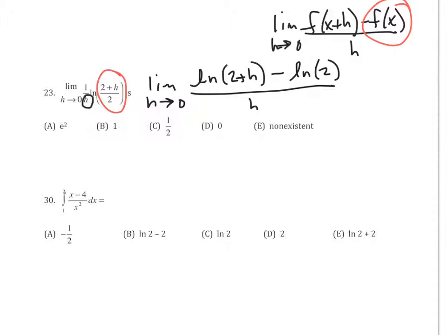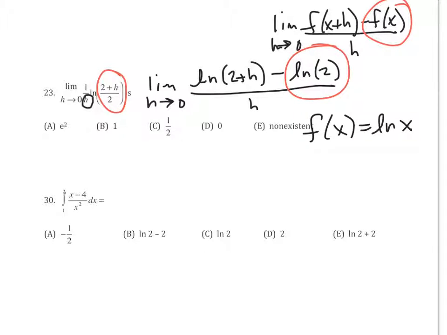Now that's looking like the definition of the first derivative. We're going to zero in on the item behind the subtraction sign, ln 2. So what we're really looking at here is, if you have a function equal to ln of x, we're going to try to find the first derivative of that at 2.